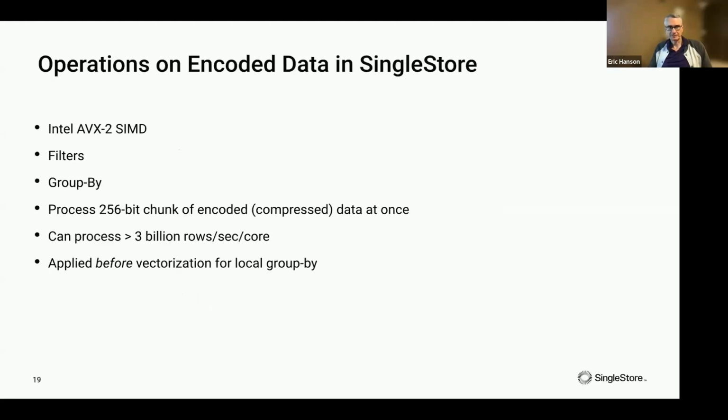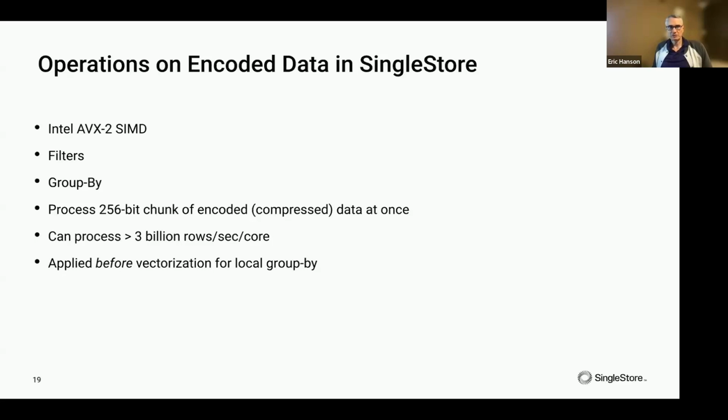So we use AVX2 and SIMD to do what we call operations on encoded data in SingleStore. Encoded data is data that is in its compressed format. For example, if you use dictionary compression, you can say each dictionary key is only 2 bits. You can pack like 128 rows worth of data into a single one of those 256-bit registers.